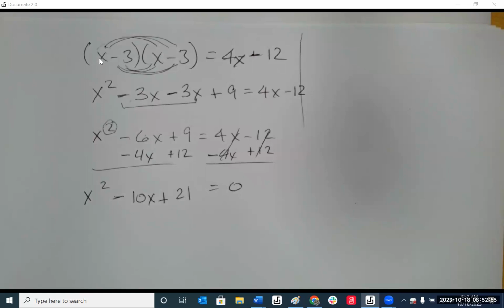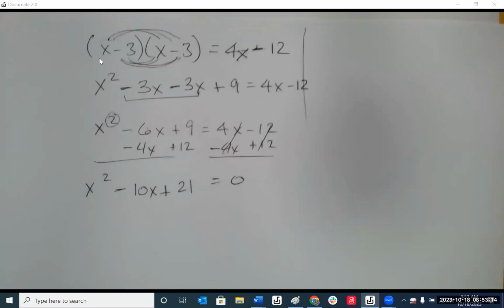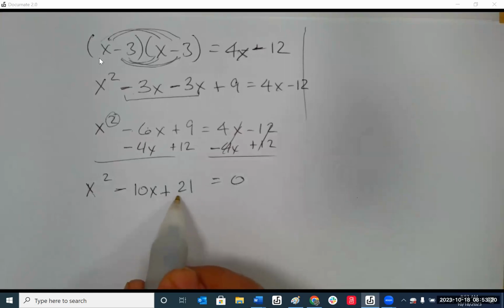And what you do now is, can we factor these, or do we have to use one of the other methods? How can you know we can factor? To determine if it's factorable, if the first number is a 1, do we know two numbers to multiply to equal 21?